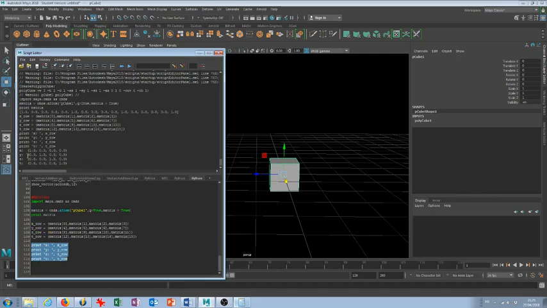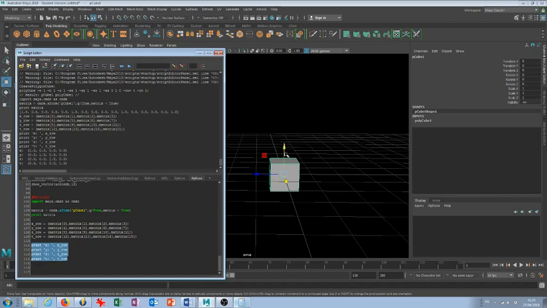Here we have a transformation matrix for the cube, with an X row, Y row, Z row, and translation row. So we can play with this and see how it changes when we translate, scale, or rotate the cube.